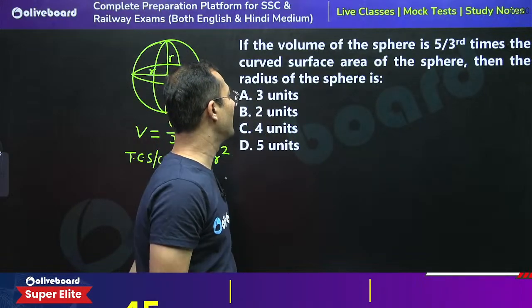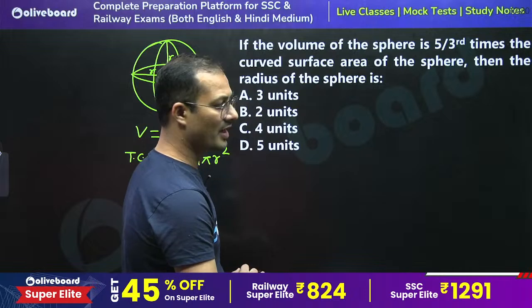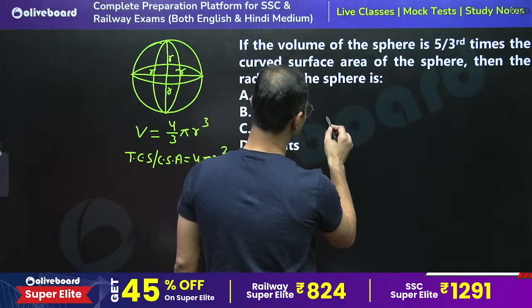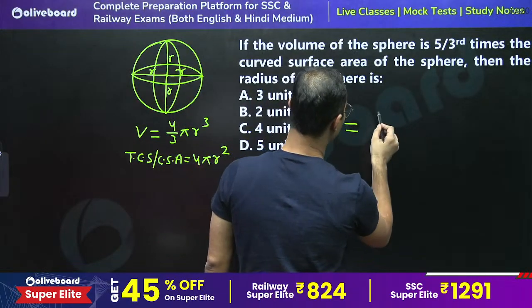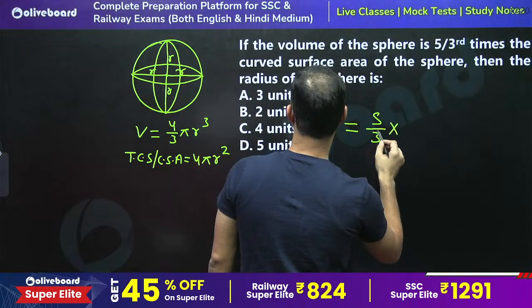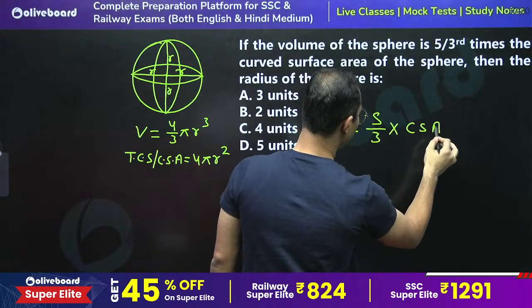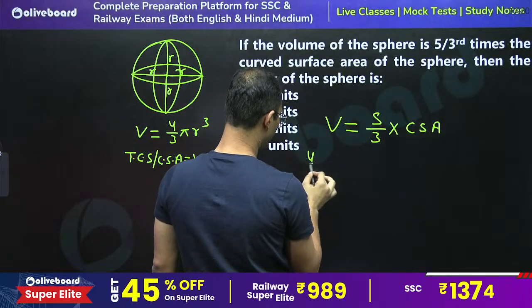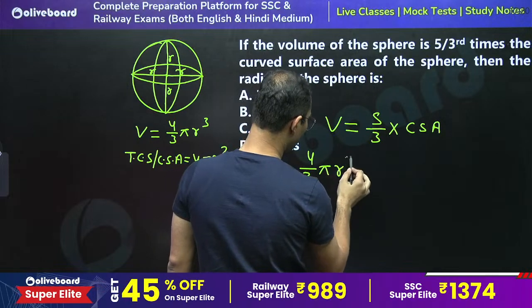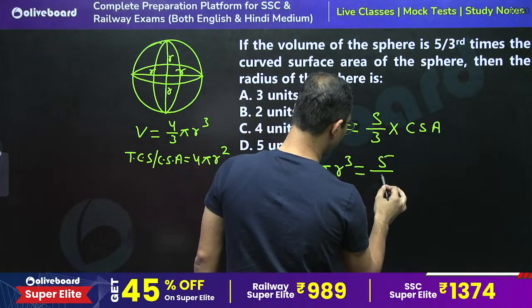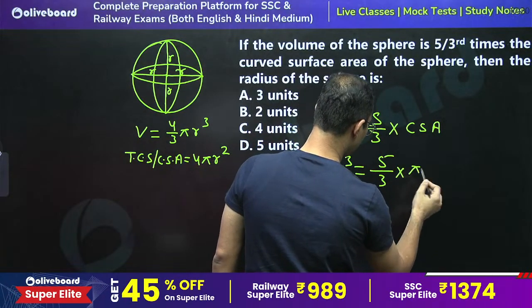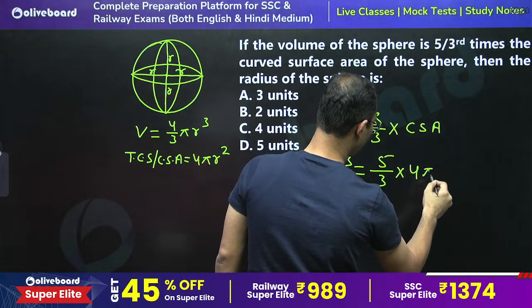Now the question is saying the volume of the sphere is 5 by 3 times the curved surface area. So just put the formula: 4 by 3 pi r cube is equal to 5 by 3 into 4 pi r square.